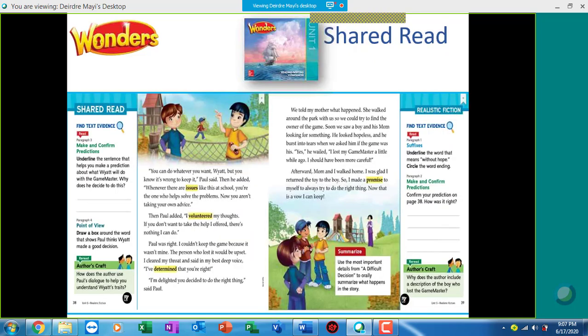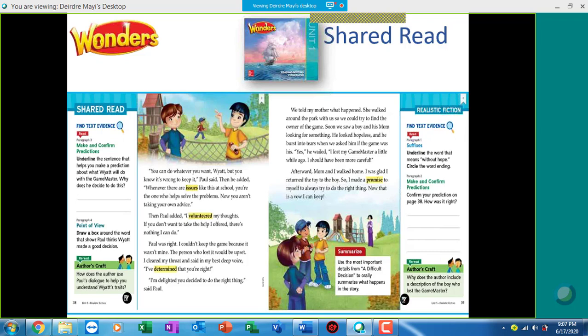So here's the shared read for this particular week. It's called A Difficult Decision. So you will notice that the first time the students read, they're going to see some red tags that they will observe. So they are being asked to make and confirm predictions.